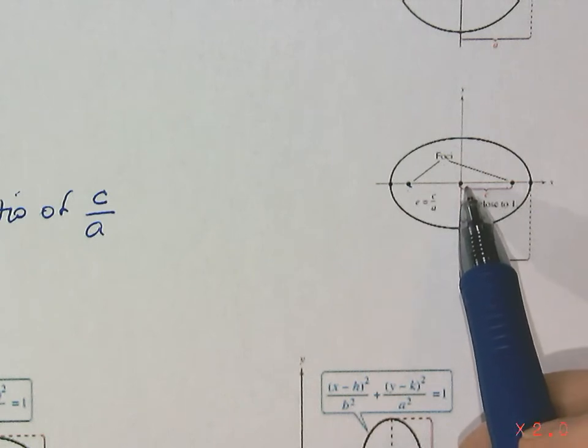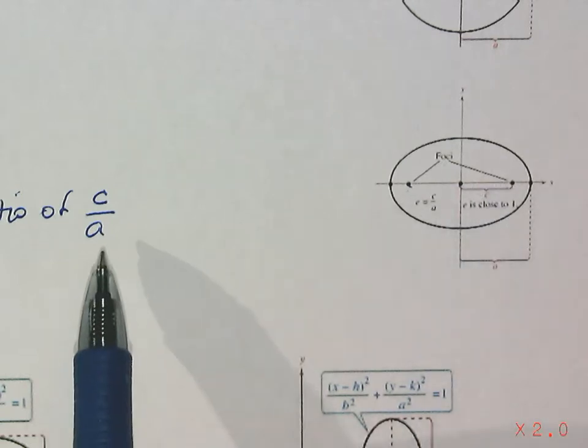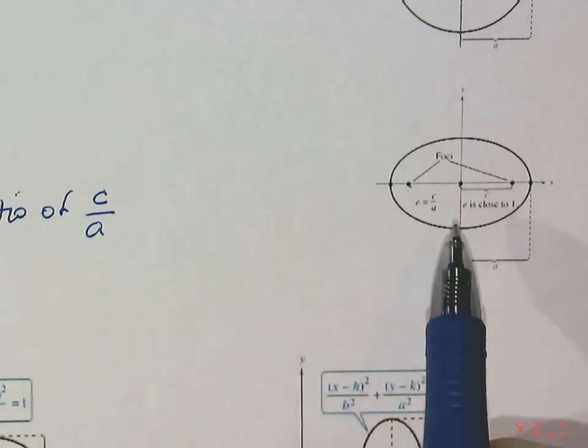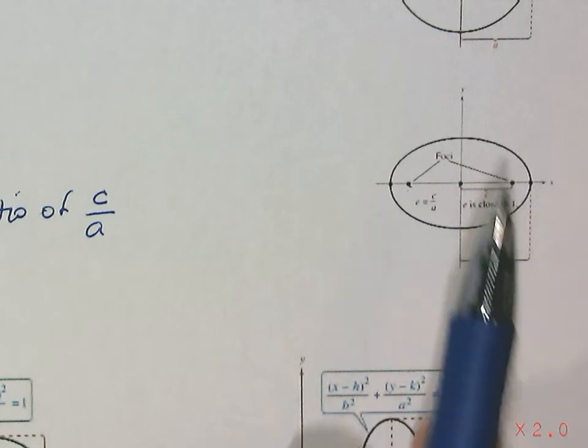If c is close to a, then this ratio gets really close to 1. It can never be greater than 1 because you're never going to have c larger than a.